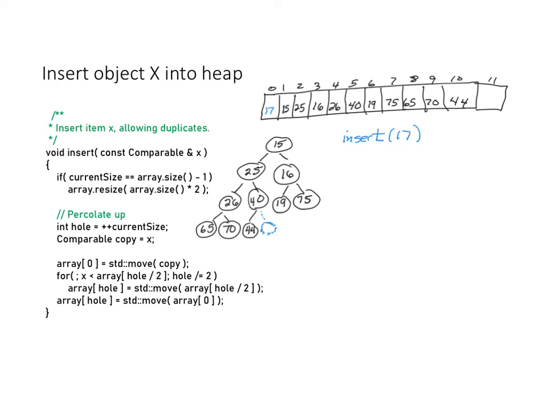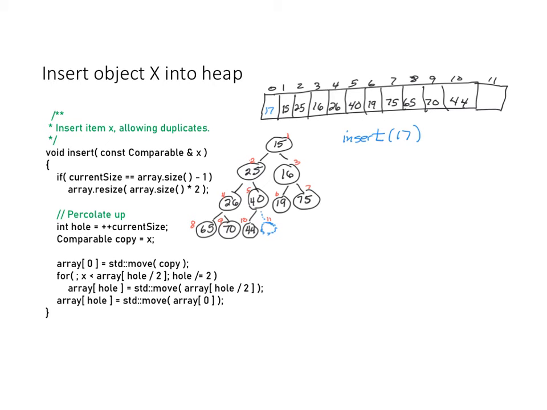Before doing so, let me represent the indices for each of these objects in the tree. So 15 is in position 1 in our array, so I just labeled the node in our binary heap with a 1. 25 is in position 2, so position 2 here in red.